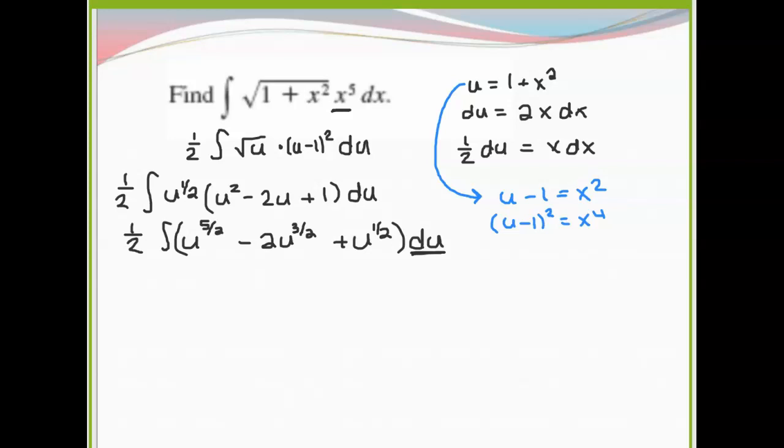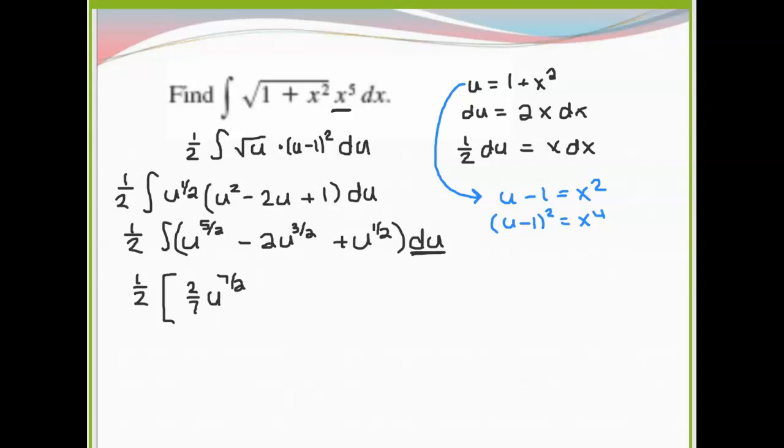And now we're just going to take our antiderivative using the power rule. So u to the 5/2 plus 1 becomes 2/7 u to the 7/2, because you add 1.